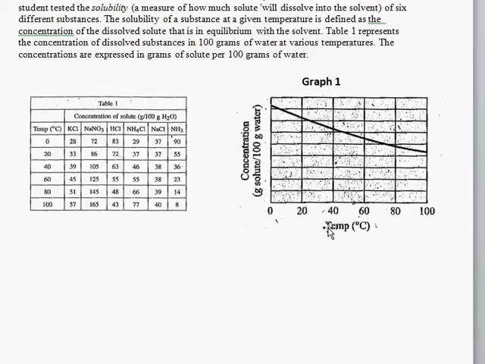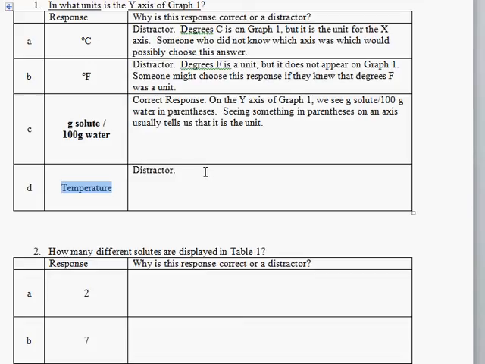Now, although temperature is on the graph, okay? So, it's a distractor. Temperature is on graph 1. It is on the x-axis.